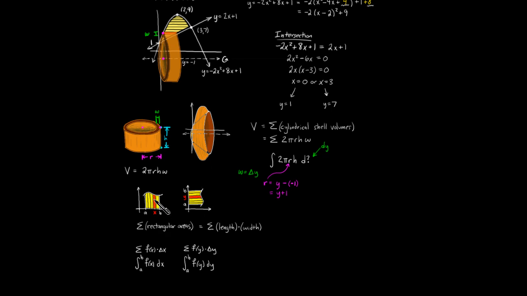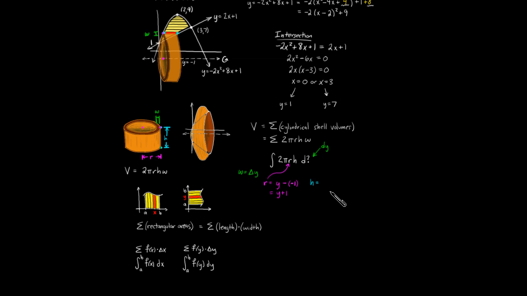For a vertical rectangle, we assume its position is at x. For this horizontal rectangle, we assume its position is y. This guy right here has a y-coordinate of simply y. And the y-coordinate down here, again, as we said before, is -1. Whether you think of that in terms of x or in terms of y doesn't really make a difference. And so we're looking at y minus -1. Then, of course, we simplify it.